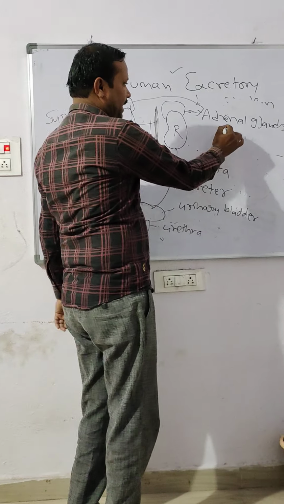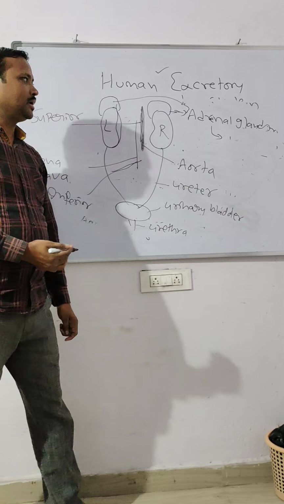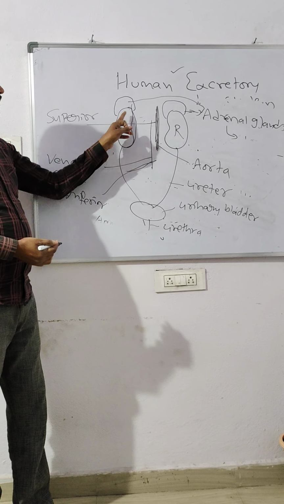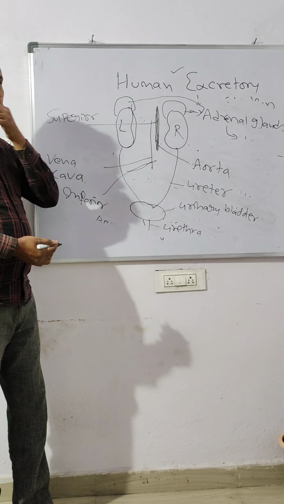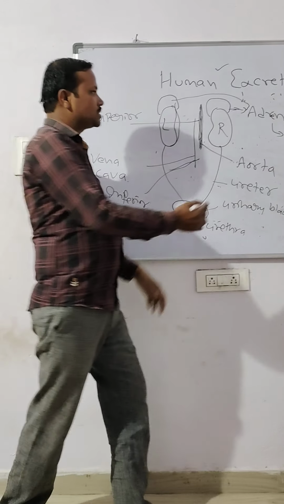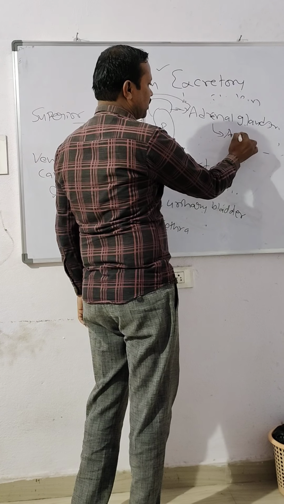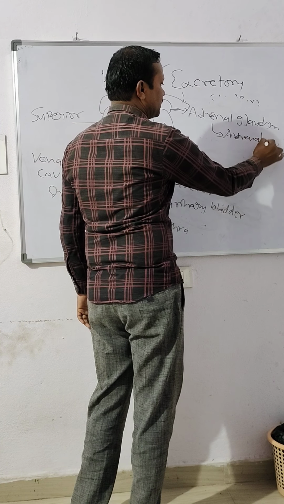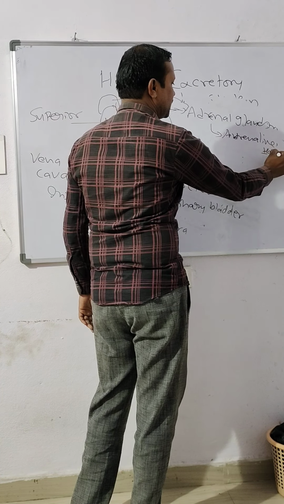This adrenal gland is present in the upper part of the kidney, available in an inverted U shape. What does it produce? It produces the adrenaline hormone, a type of hormone.